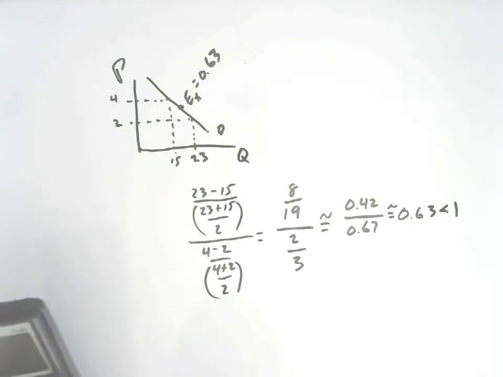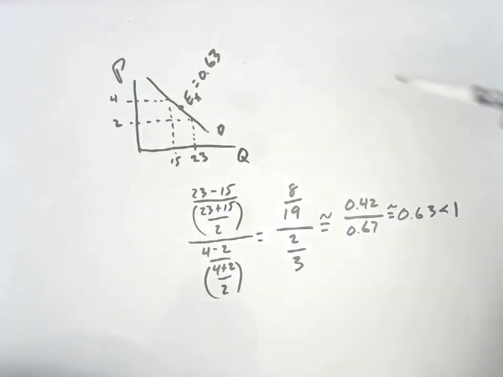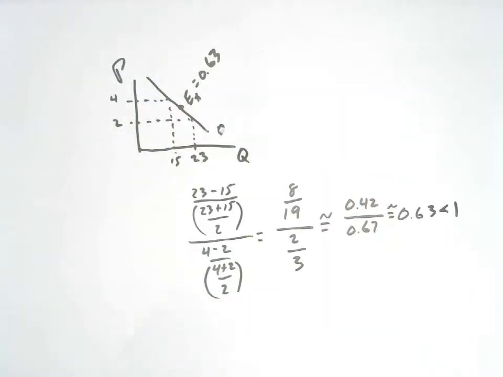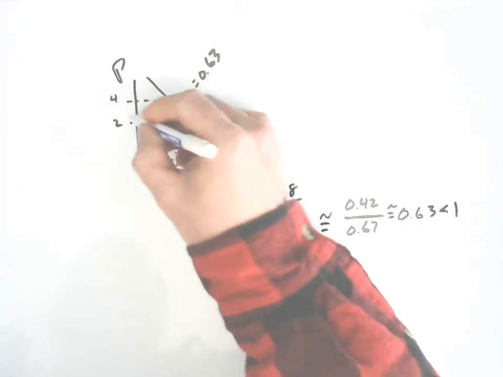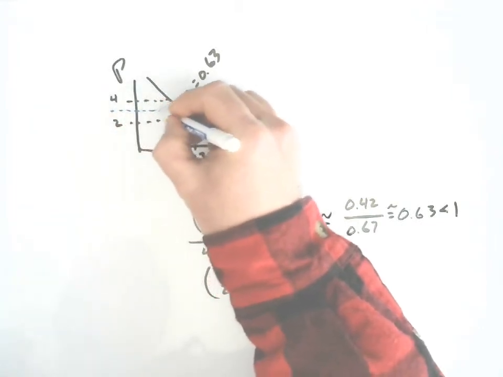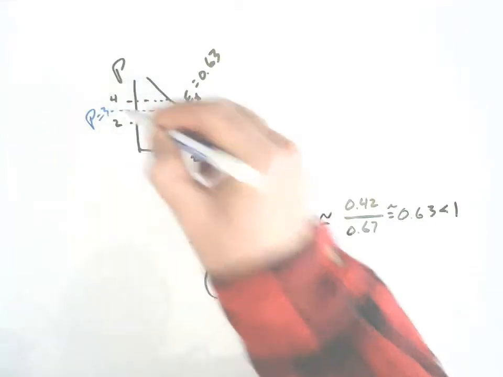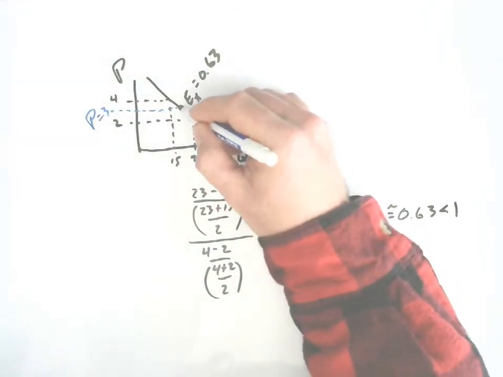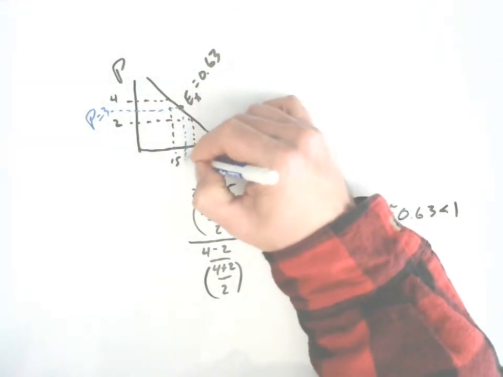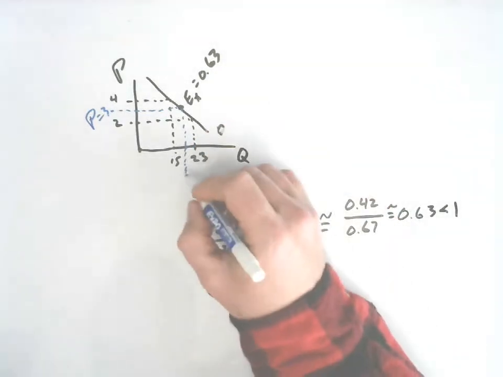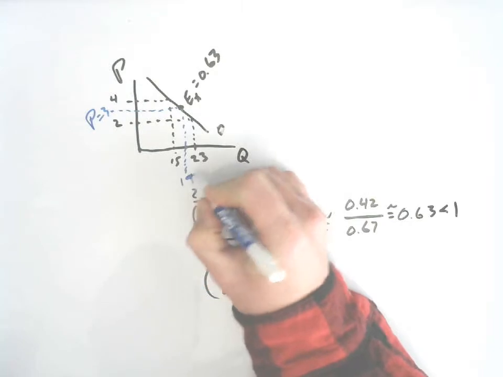Now, using the total revenue analysis we had earlier, at this midpoint, which corresponds to a price level of 3 and a quantity level, which is, of course, 19.